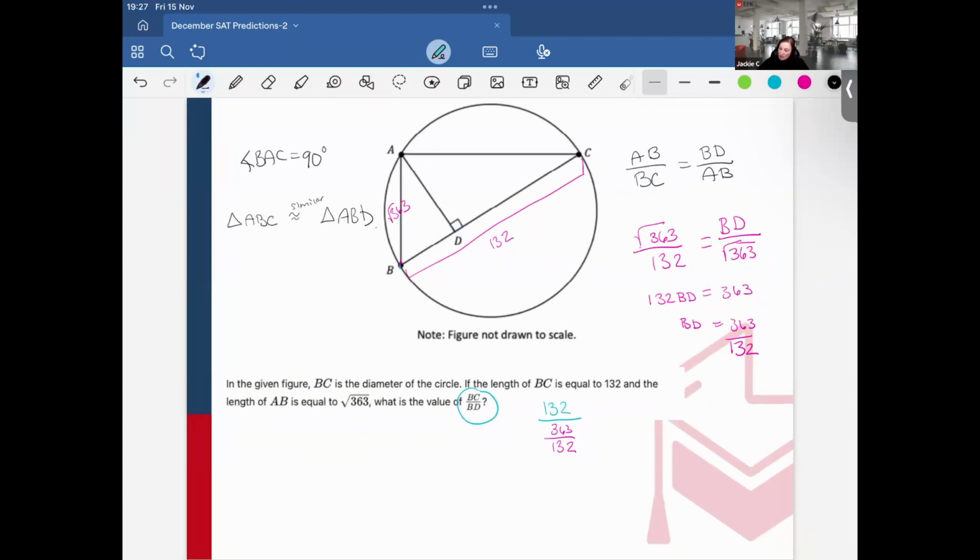And let's simplify. So this would really be 132 multiplied by 132 over 363, which simplifies to the correct answer, which is 48.